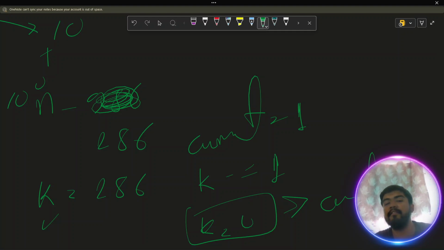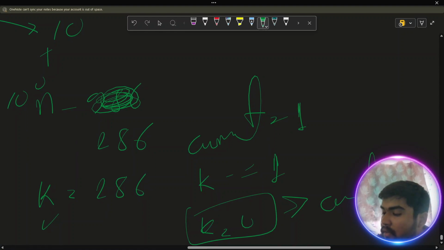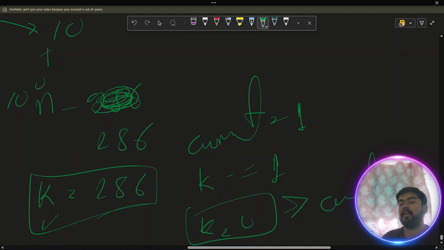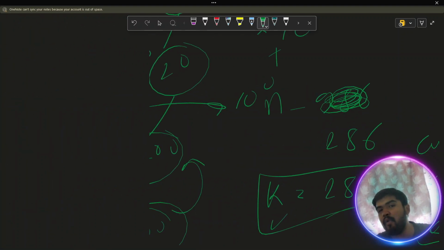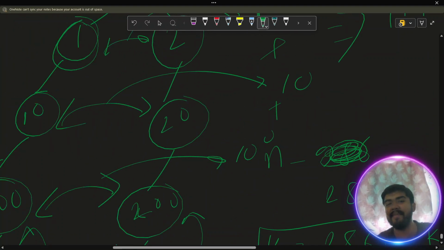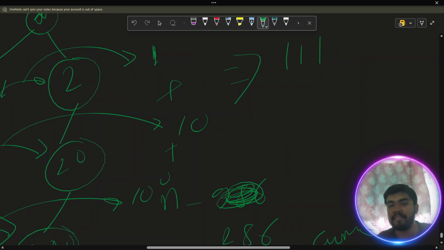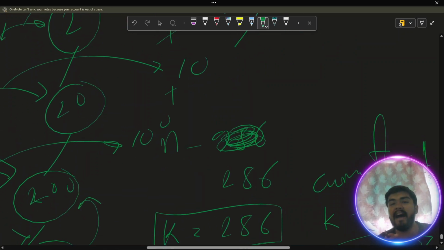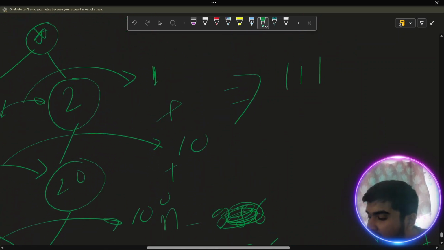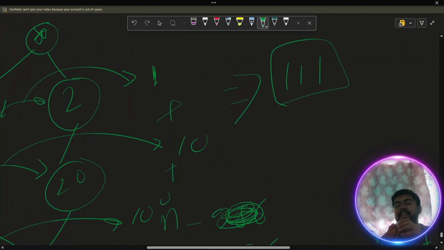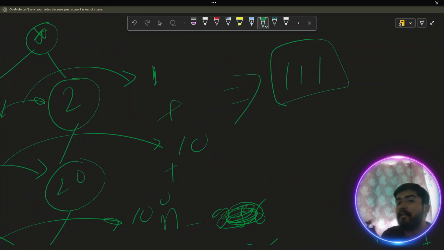Agreed? Now let's consider our k is at 286 only. Now let's define how we can skip and find the number. I know my 111 numbers have been skipped. So how much do we have to reduce our k?